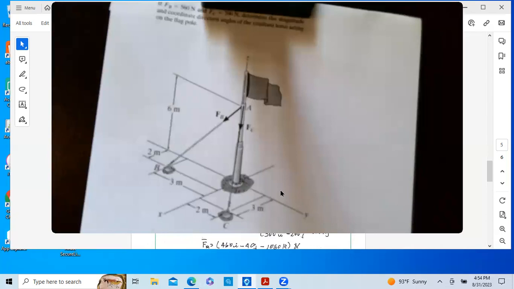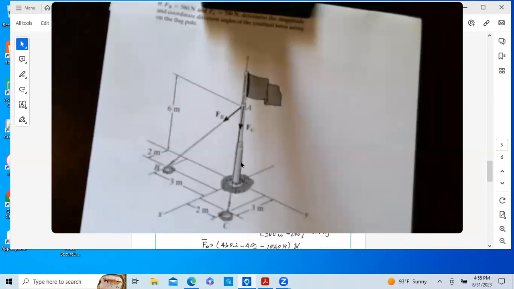So the way we do this, we're given the magnitude of FB and the magnitude of FC. To add these together, all we need to do is get the X, Y, and Z components and add these together. And we can find a magnitude and direction cosines and all that.